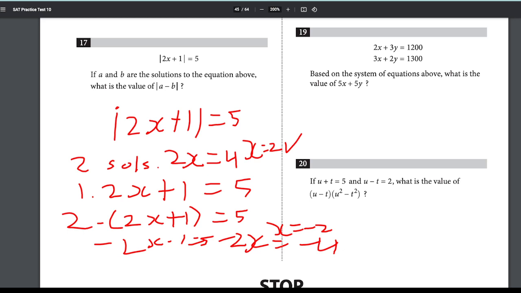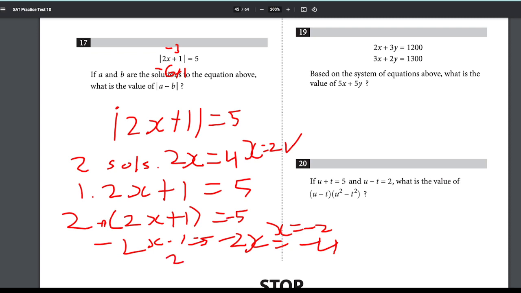Hold up. It should be negative 3, right? Because if you plug in negative 3, then you get negative 6. Yeah, makes it negative 3. What did I do wrong here, though? Oh, maybe it's equals negative 5.